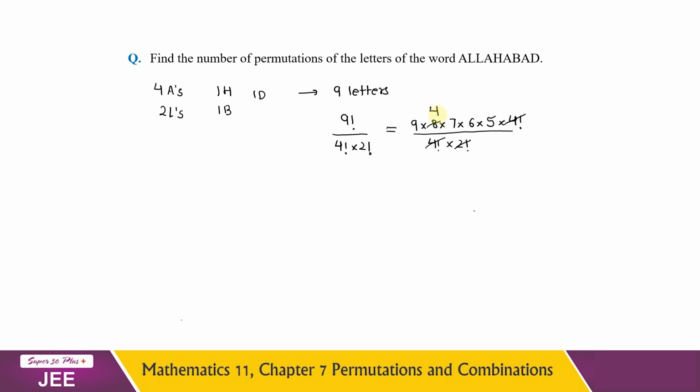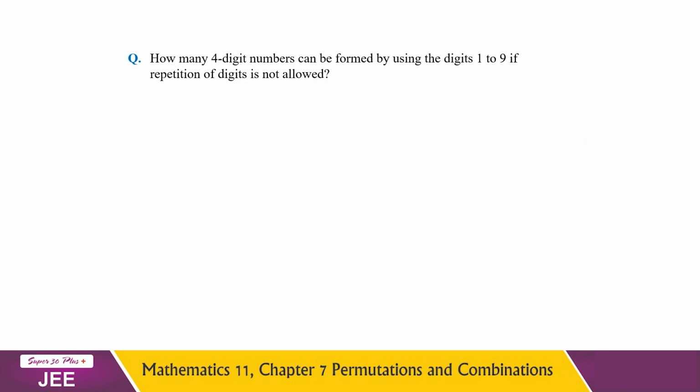Upon calculation the answer comes out to be 7560. So the total number of permutations that can be made out of the letters of this word is 7560. Alright, I hope everybody understood this problem. Let's take up the next problem.